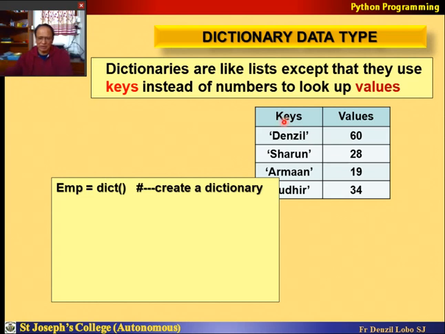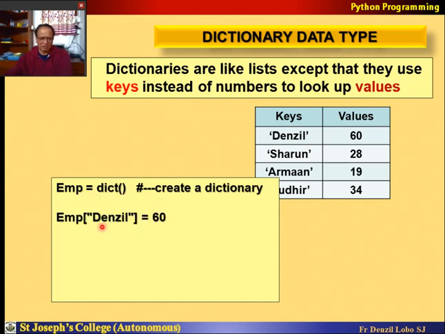For example, here the names are the keys, and there are corresponding values. Maybe this is the age of this person: 60, 28, Arman 19, Sudhir 34, etc. So these are key value pairs. How do you create a dictionary? You just say dict, like we did with list. So emp is equal to dict.